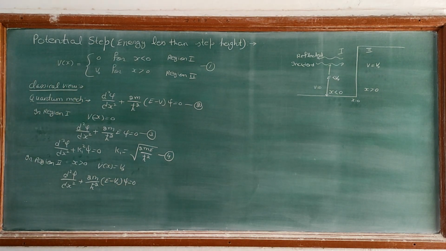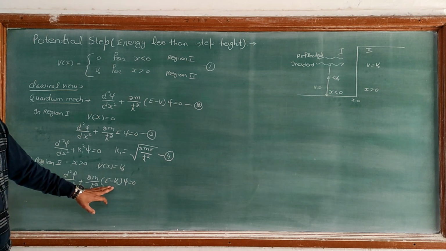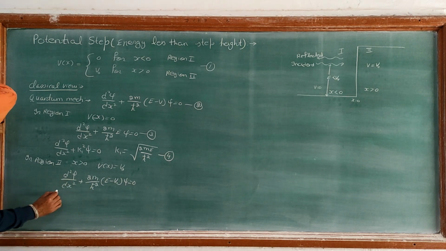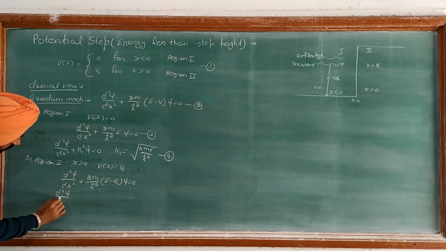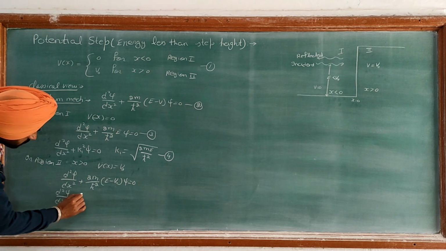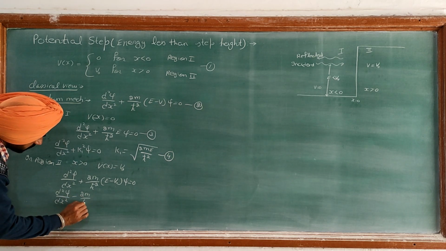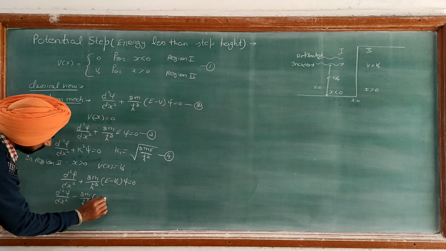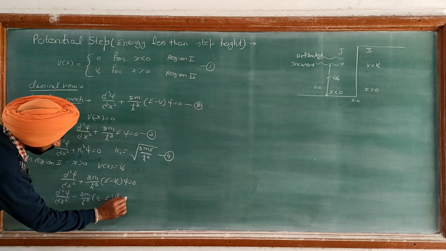Now we know V naught is greater than E, so I will rewrite it as d square psi upon dx square plus 2m upon h cut square (V naught minus E) into psi equal to 0.